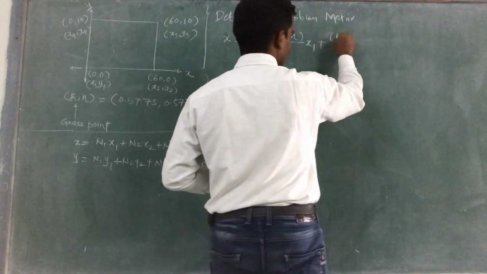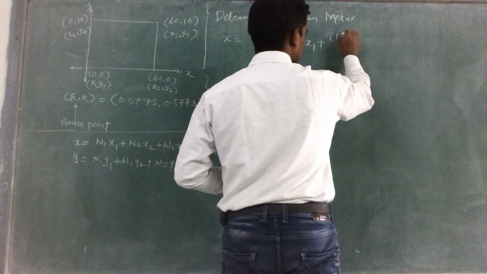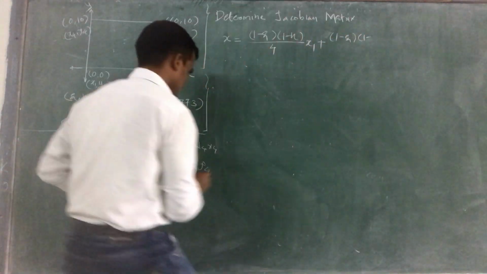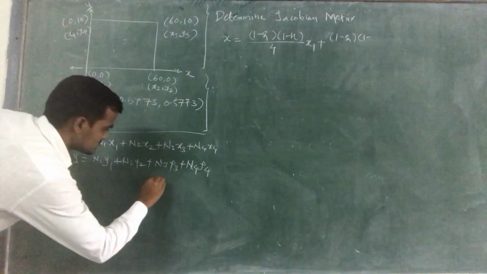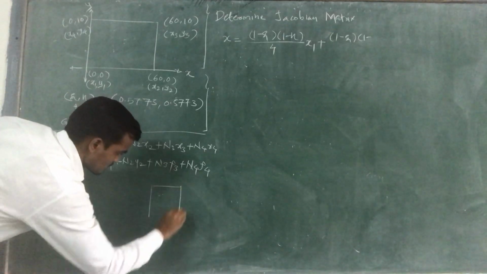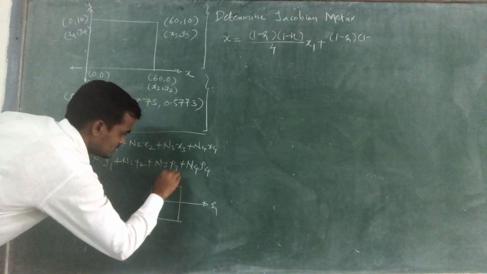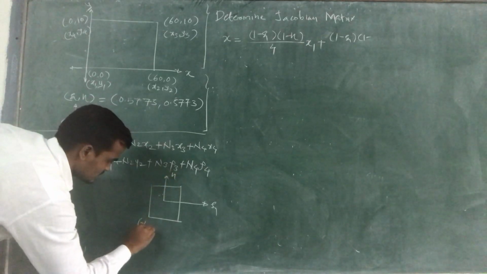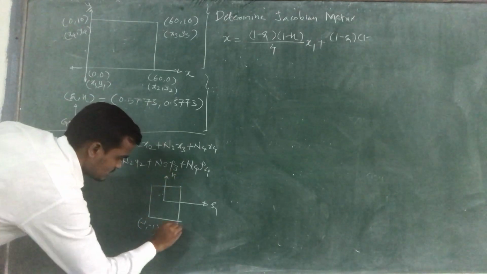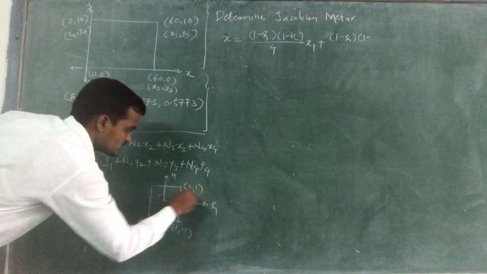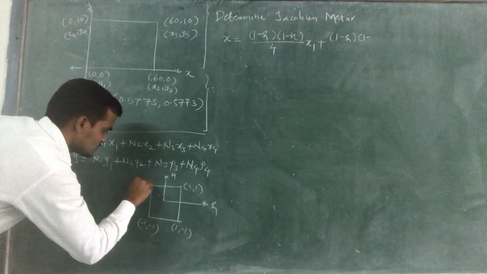How do we remember this? This is your zeta, this is your eta. So this is the minus 1, minus 1 point, this is the plus 1, minus 1 point, this is the plus 1, plus 1 point, and this is the minus 1, plus 1 point.